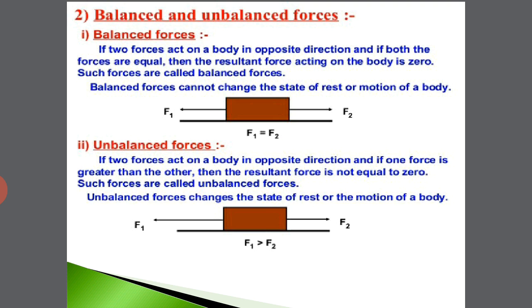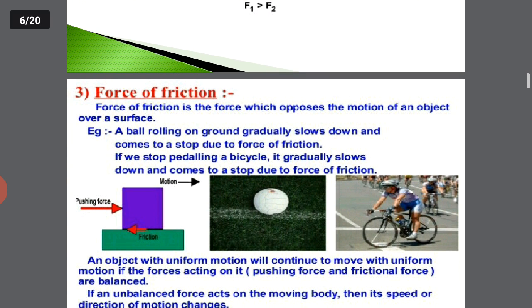You can see F1 is greater than F2. The reverse can also be possible: F2 can also be greater than F1. Then the object will move in the direction of the greater force.